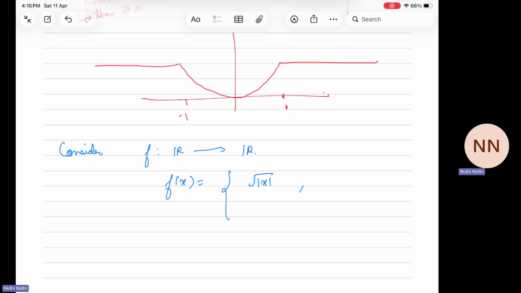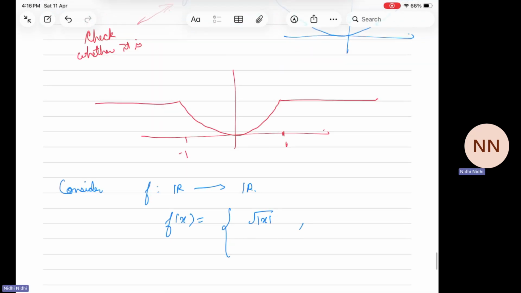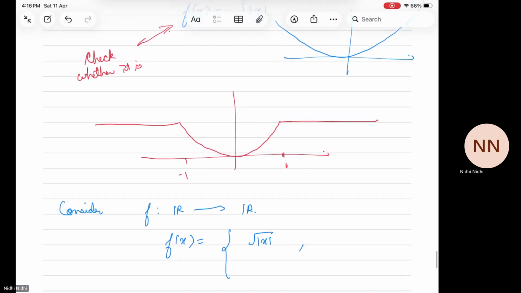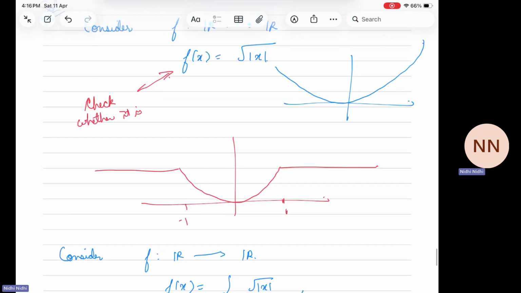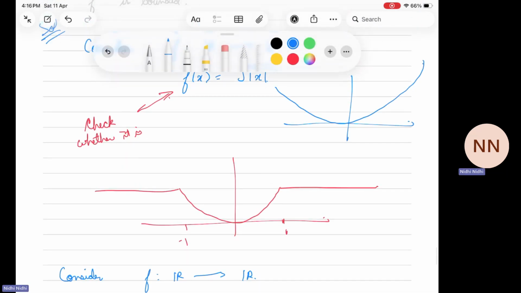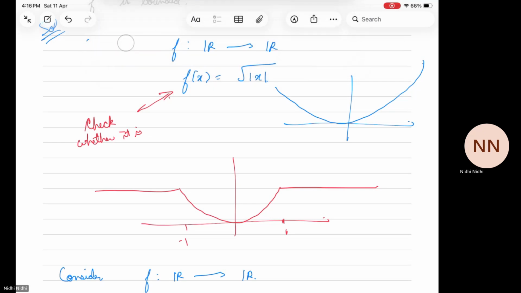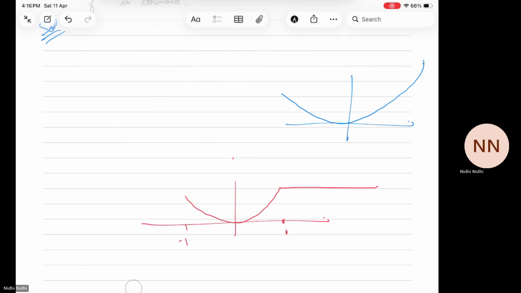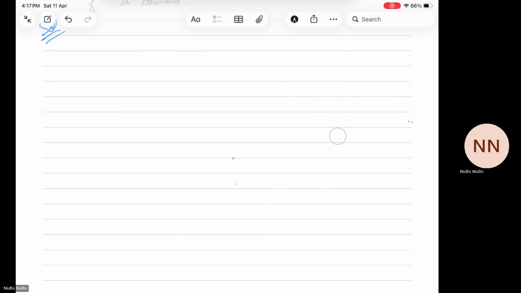Okay, so yeah, this will be uniformly continuous. So let's do this again. I got confused.